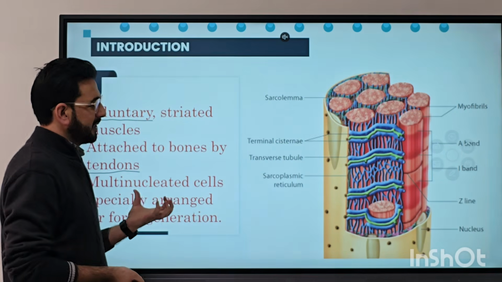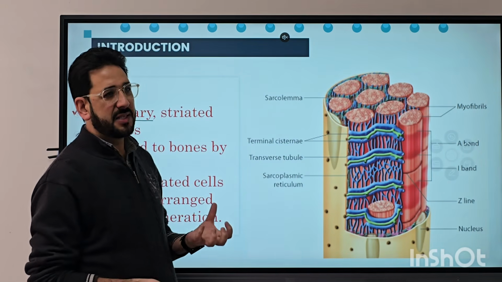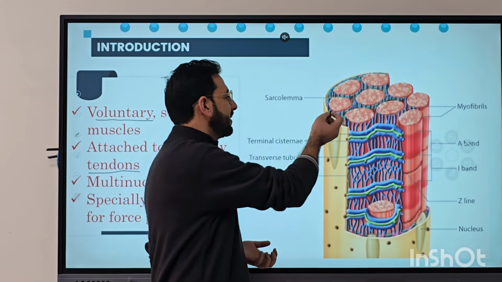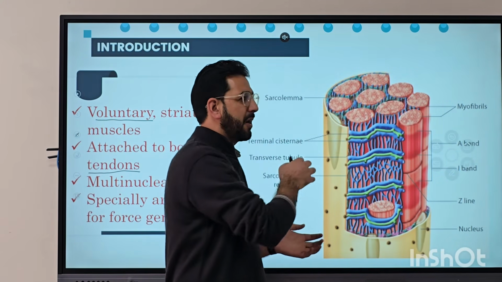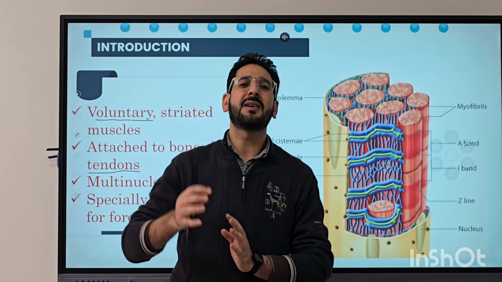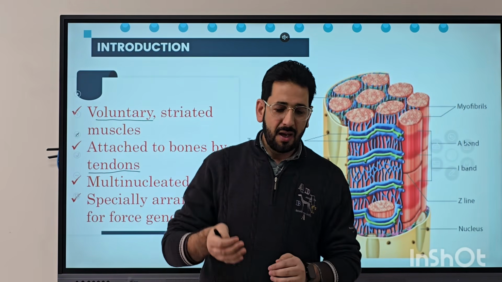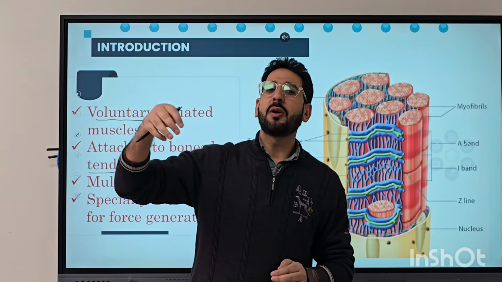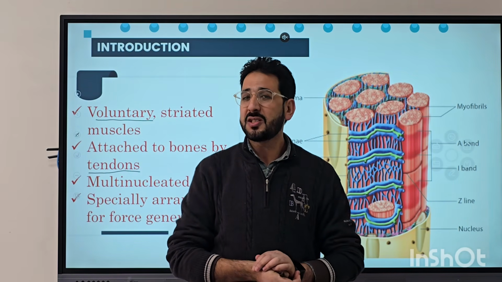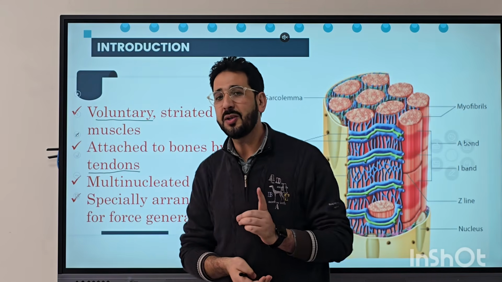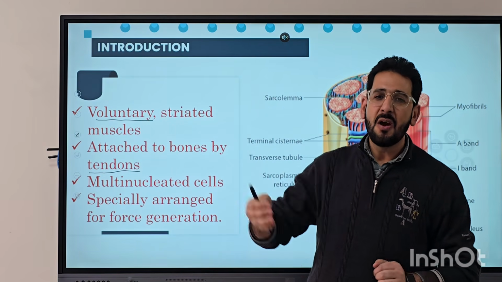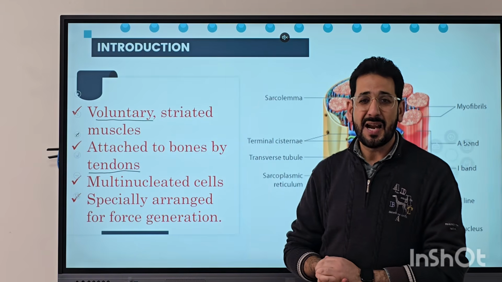Then these skeletal muscle cells, when we see them in the diagram, you can see that they are long cylindrical cells. So in order to fulfill the demand for the formation of proteins inside the cell, one nucleus was not going to be enough. So we need multiple nuclei for the formation of proteins inside the muscle cell.